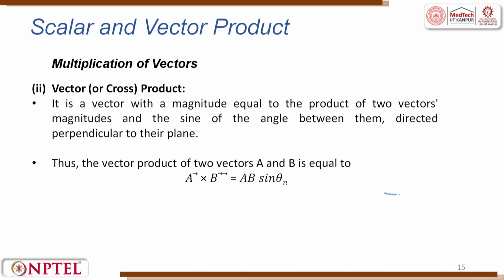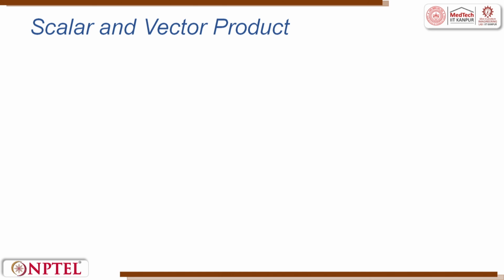So, again here let us have a drawing for our understanding. This is O, this is theta, this is A vector and this is B vector. Okay. The next topic of interest is going to be scalar and vector products. So, we saw addition.